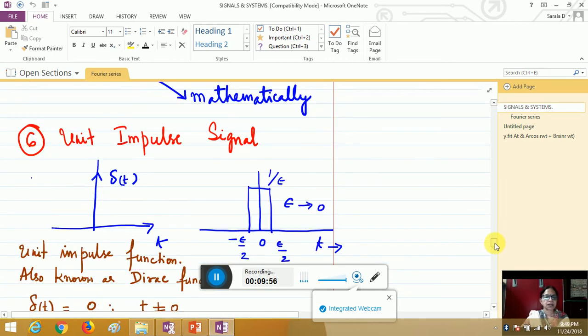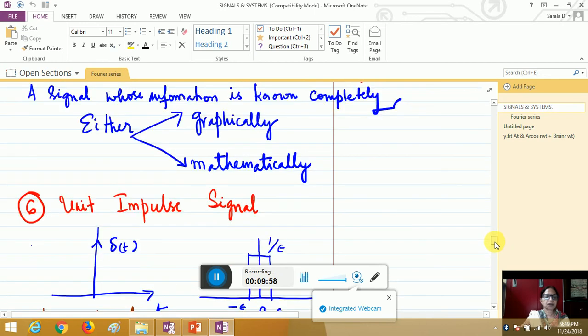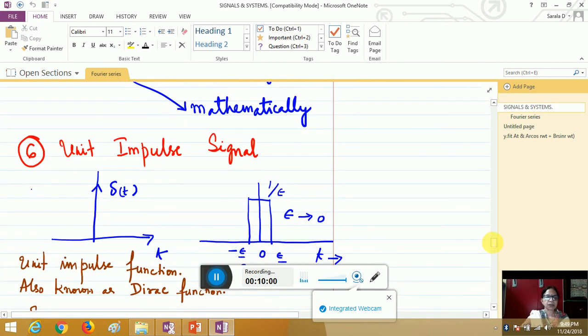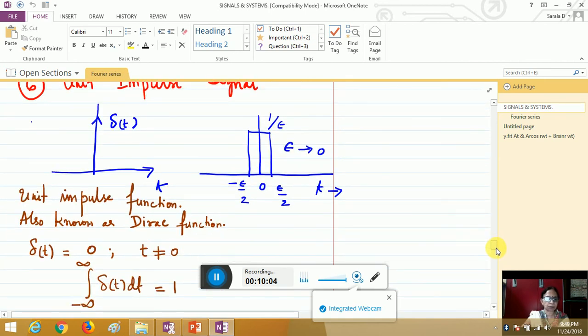So, next you have unit impulse signals. A unit impulse, as the name indicates, has an amplitude of 1. It is also known as the Dirac function. Delta t is equal to 0 when t is not equal to 0. That means everywhere else it is 0 except when t is equal to 0, where it takes a value equal to unity.